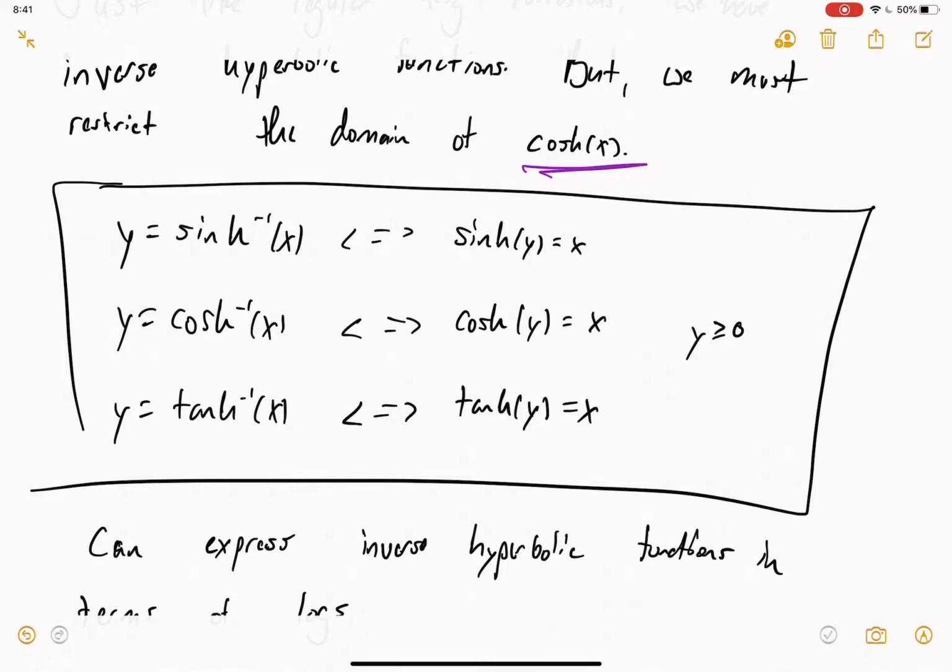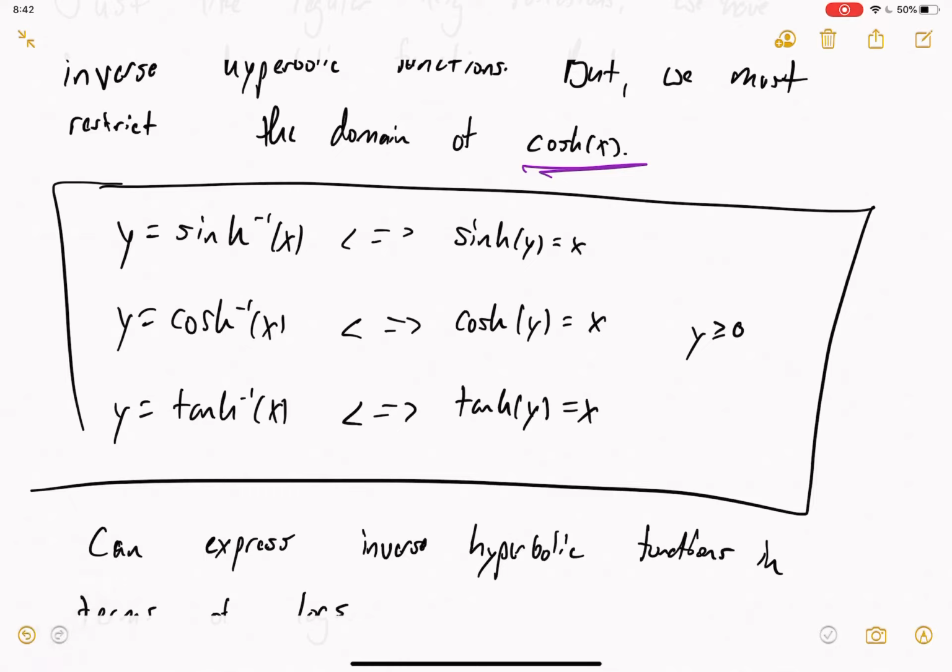So this table right here, or my attempt at a table, we have them defined pretty similarly. y is equal to sinh inverse of x if and only if sinh of y is equal to x. Likewise for cosh inverse of x: cosh inverse of x is equal to y if and only if cosh of y is equal to x.